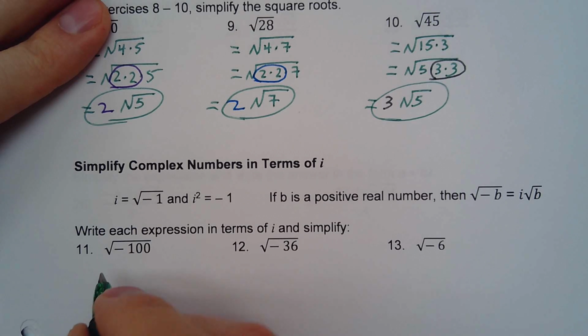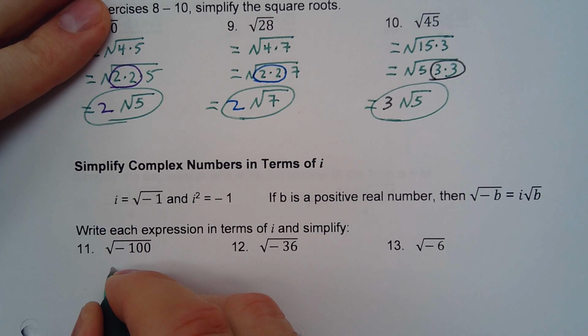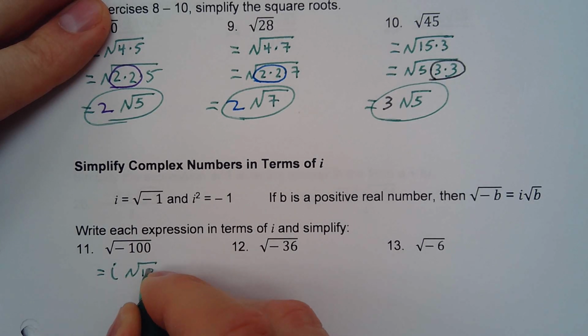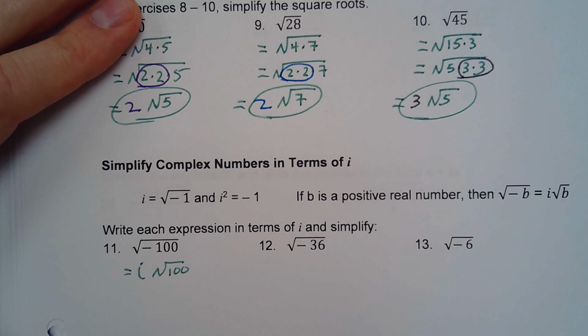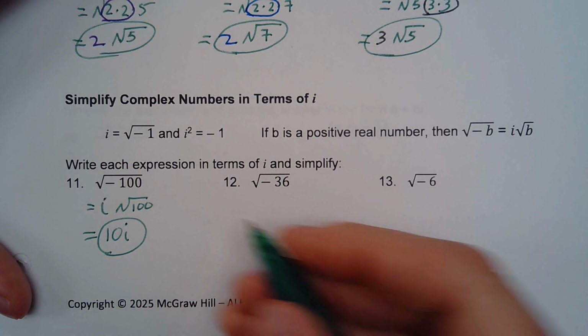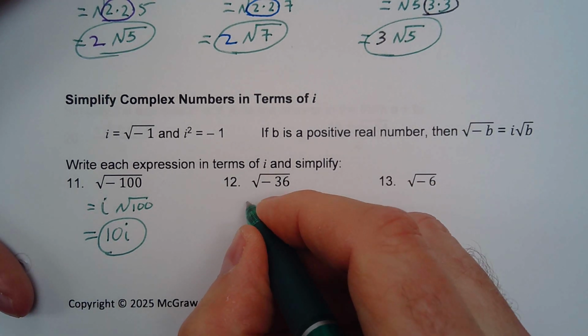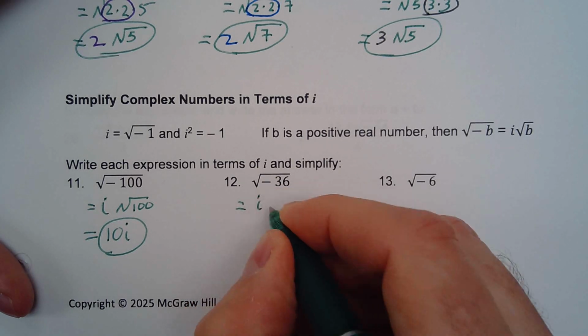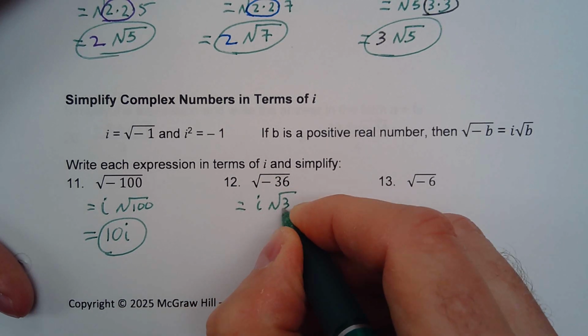So square root of -100 is i square root of 100. Square root of 100 is 10, so this simplifies to 10i. Again, this is not a real number, it's an imaginary or complex number. So square root of -36 would be i square root of 36.